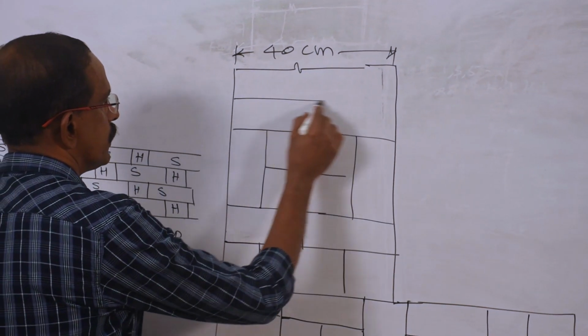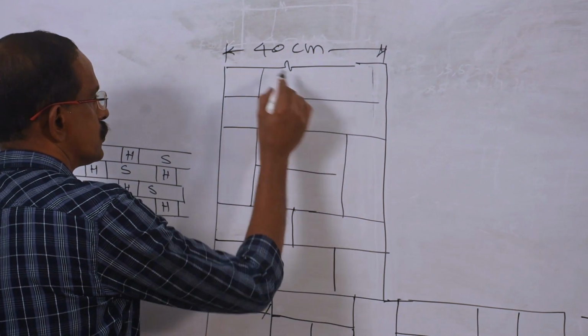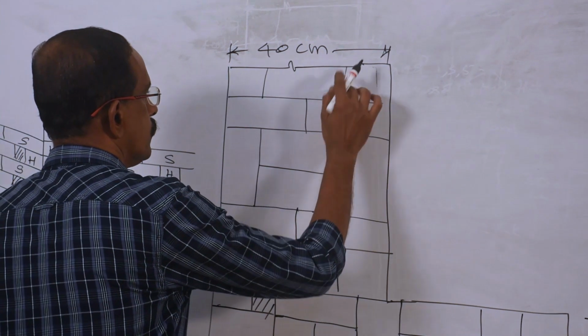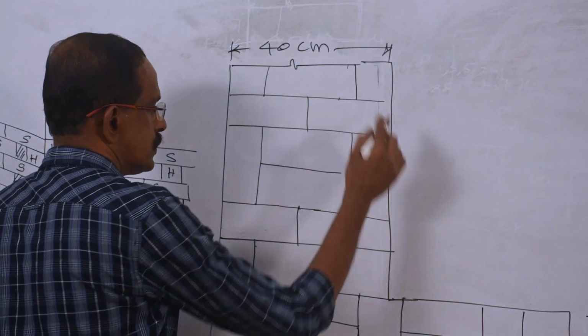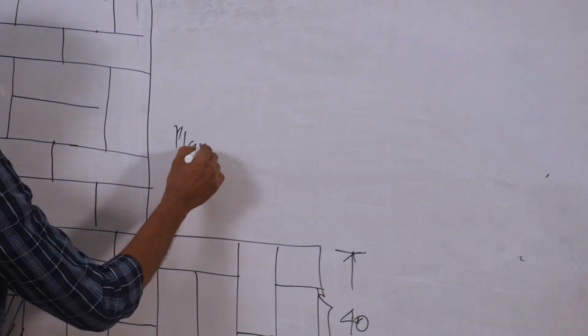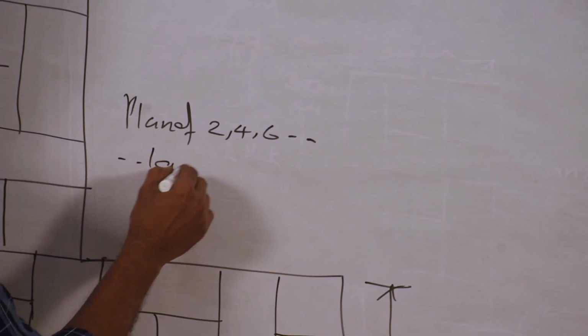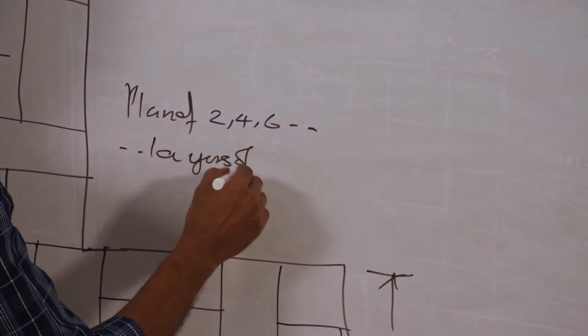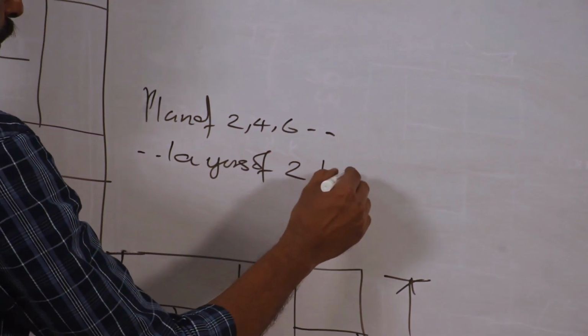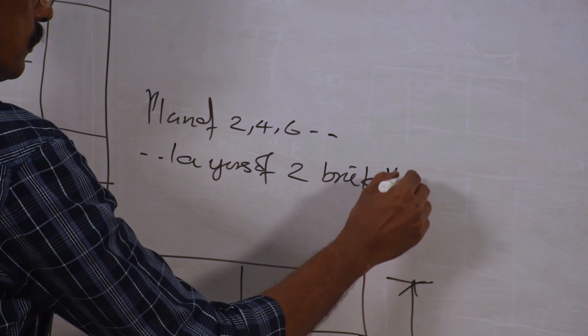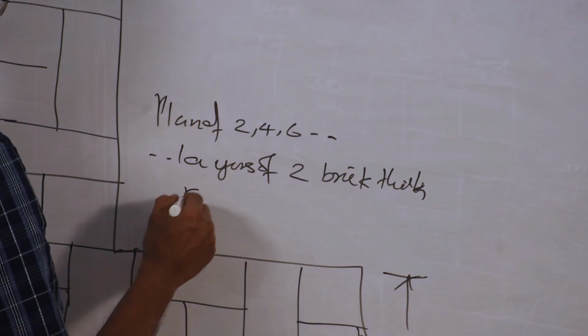Next is header. Next is structure. This will continue. So this is the plan of 2, 4, 6, etc. layers of 2 brick thick, that is 40 centimeter thick Flemish bond.